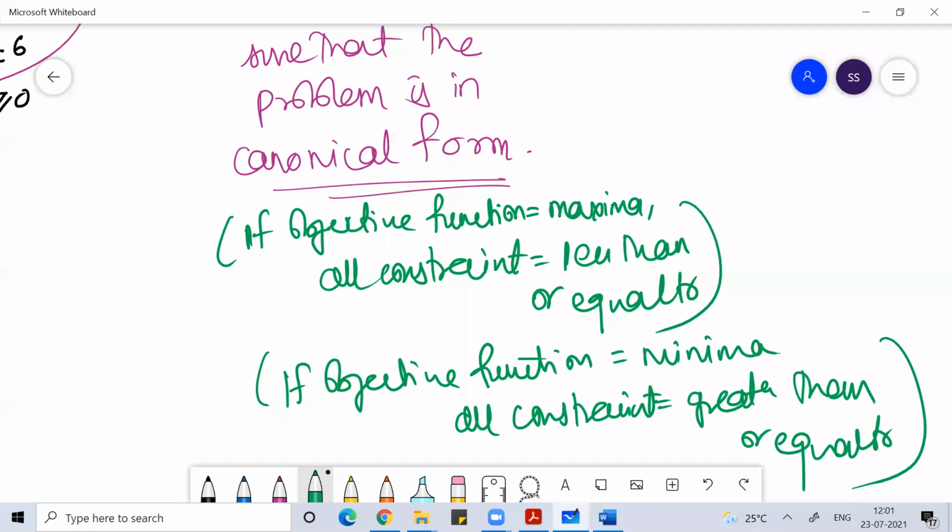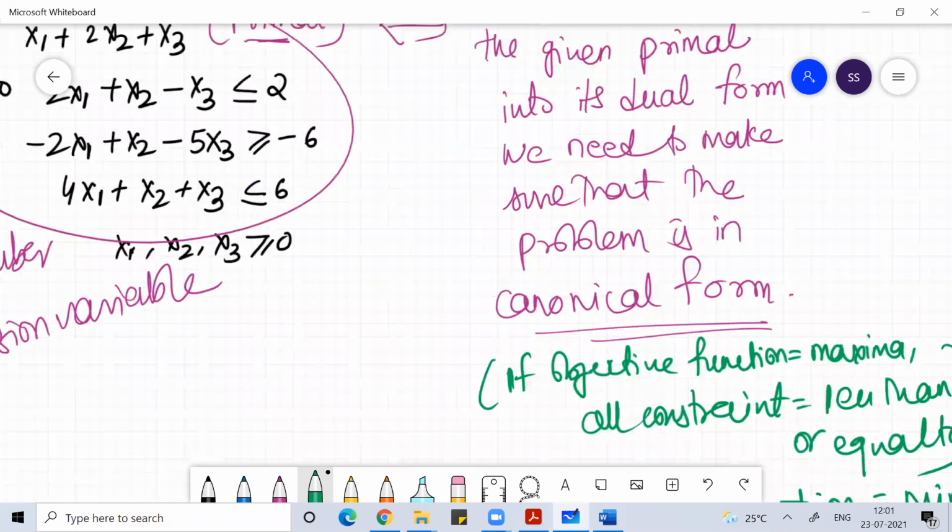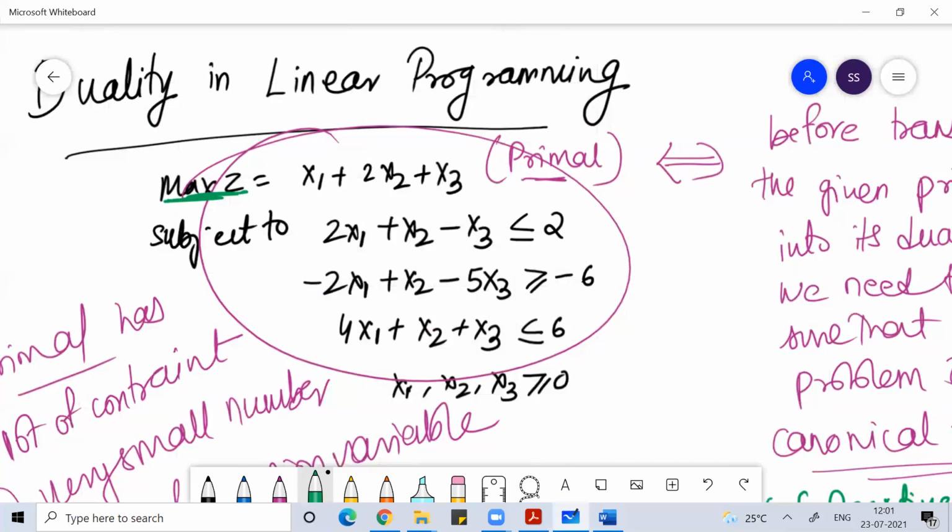So this is what canonical form basically means: if your objective function is maxima, then all your constraints should be less than or equal to; if your objective function is minima, then all your constraints should be greater than or equal to.